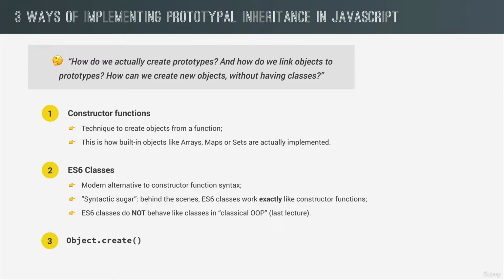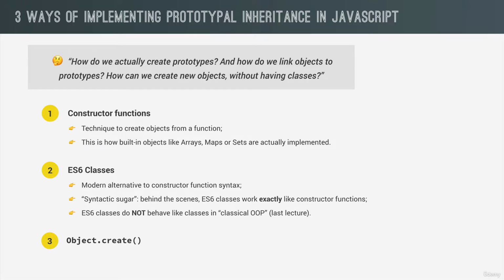However, keep in mind that these are actually not the kind of classes that we talked about in the last lecture and in the last slide. They are, instead, just so-called syntactic sugar over constructor functions. So this means that ES6 classes are basically just a layer of abstraction over constructor functions.